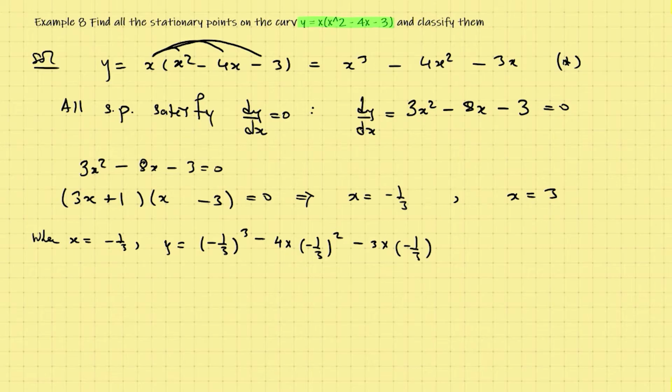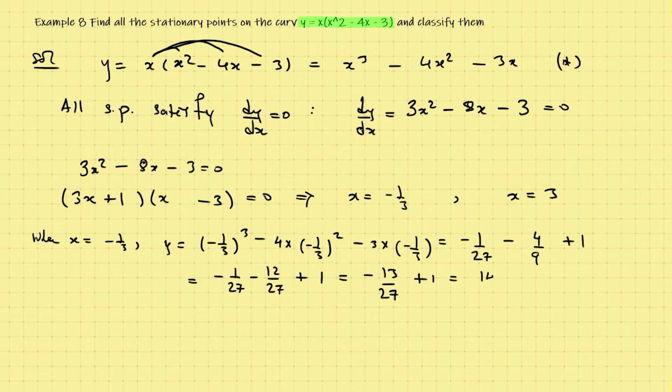Which of course is going to be minus 1 over 27, and then I'm going to get minus 4 over 9, and the last one's going to give me plus 1. If I now simplify this a little bit, I'm going to get minus 1 over 27 minus, if I multiply top and bottom of 4/9 by 3, 12 over 27, plus 1, which gives me minus 13 over 27, which when I add 1 to it, I'm going to get 14 over 27.